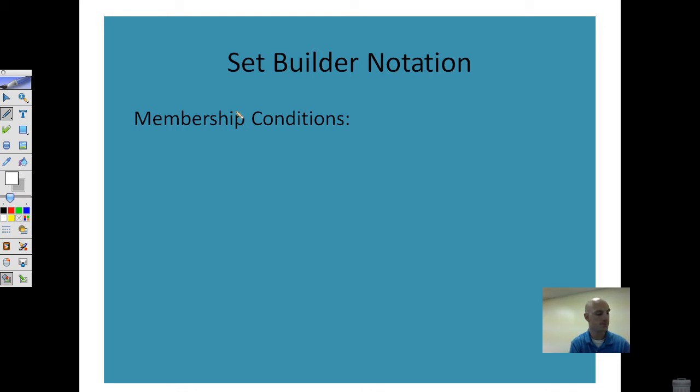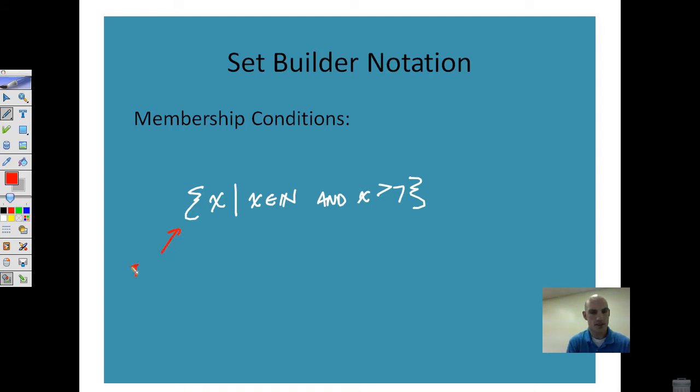Set builder notation. Sometimes we can build a set that has multiple members, and we can define it not by roster notation, but by saying what's in it. Here's how it works. We start out with the braces to say that it's a set, and we'll put x to denote that there are members in it. We'll put a bar. Let me write out what this means.